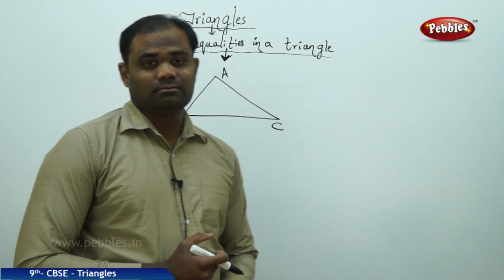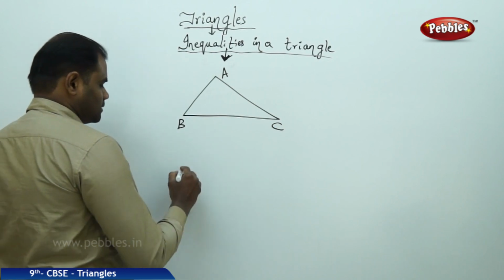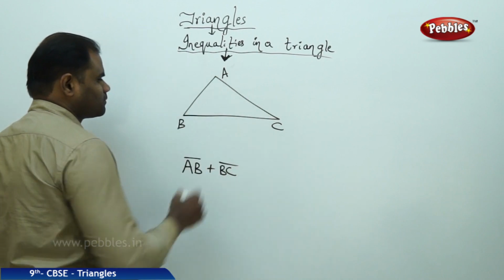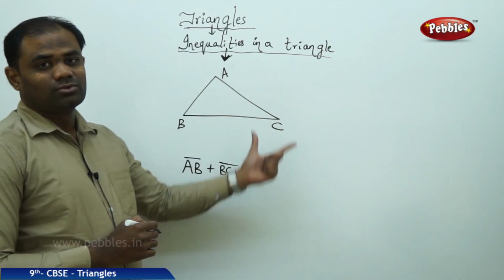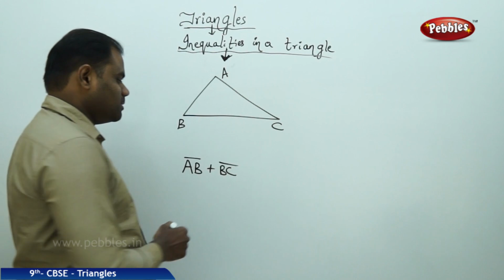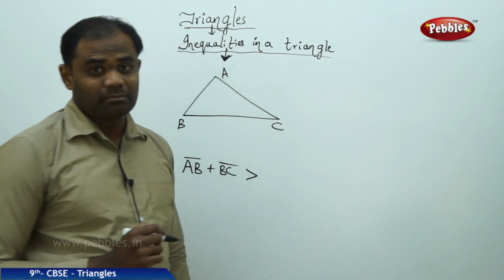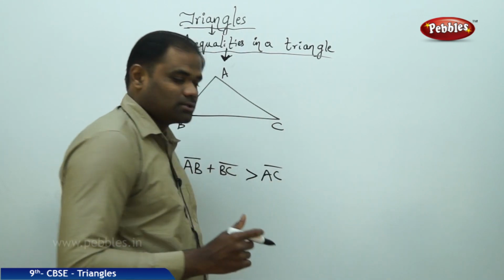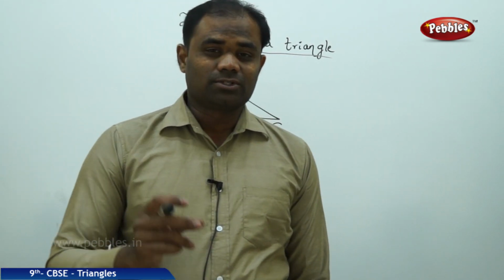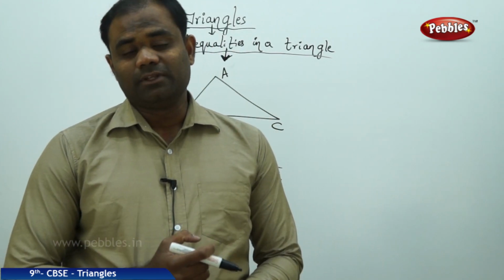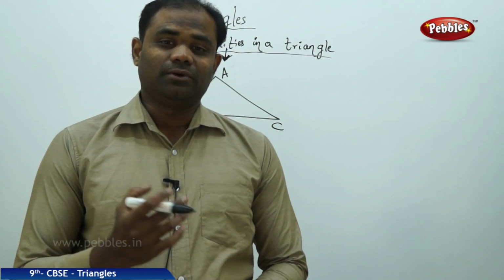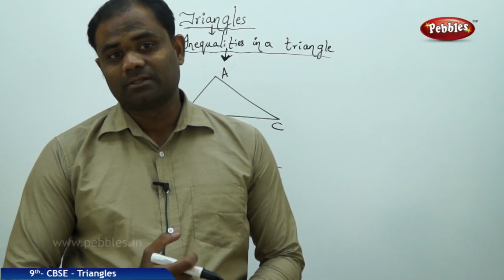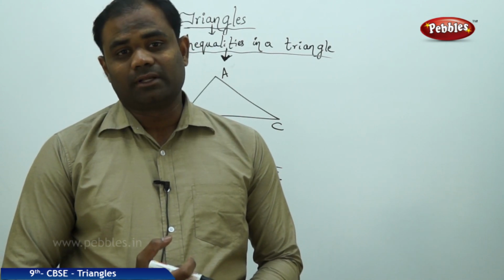Clearly, when I take AB and BC and add the two sides, then obviously it must be greater than, but can never be equal to AC, the third side. Because for a triangle, a closed three-sided figure, to be formed, we need the condition that when you add two sides of a triangle, its third side must be less; it cannot be equal or greater.